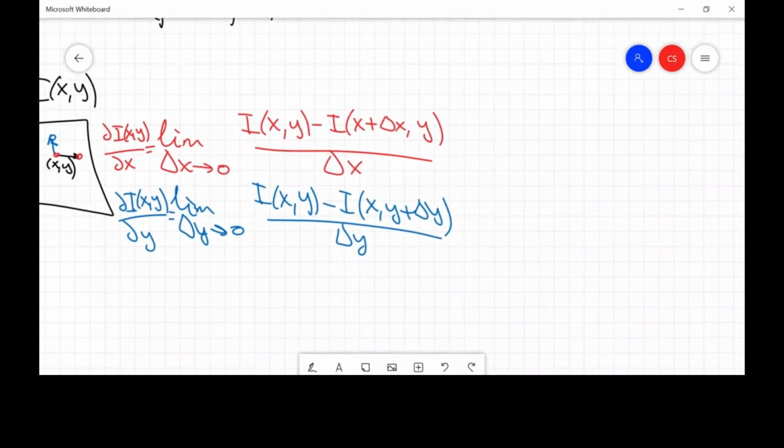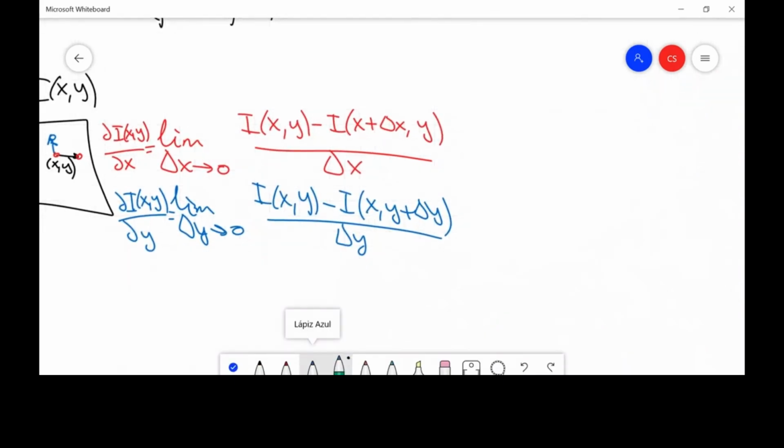And I can do the Fourier transform of these two. And now the Fourier transform will be j omega x times the Fourier transform of I, evaluated at omega.